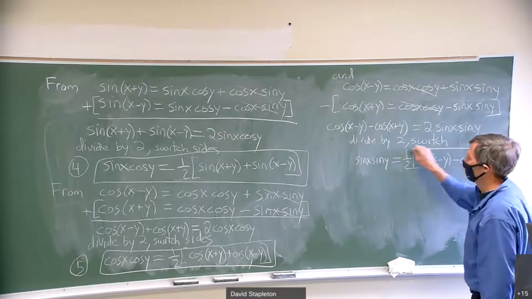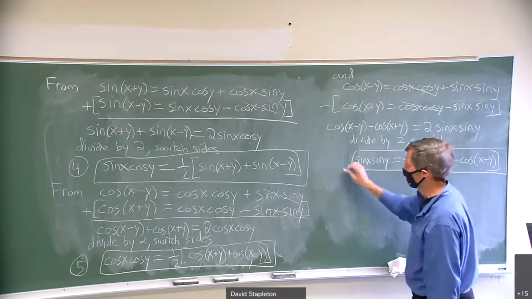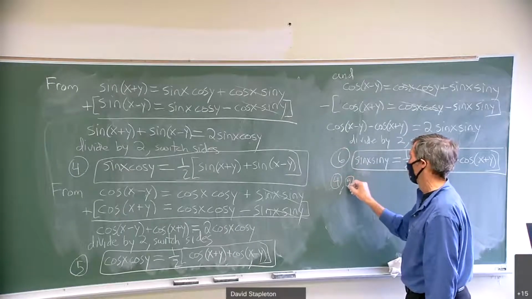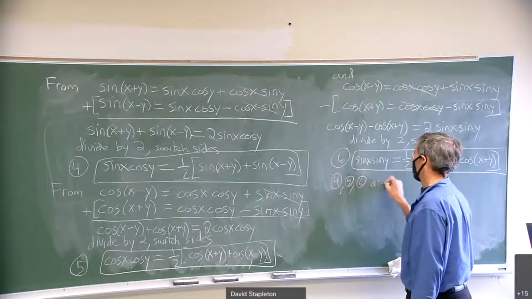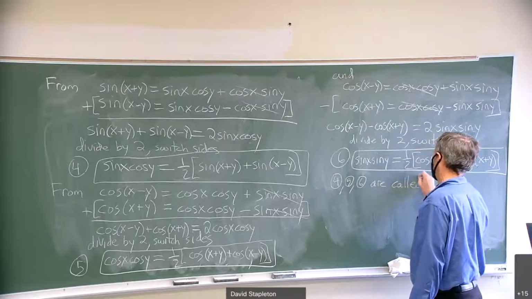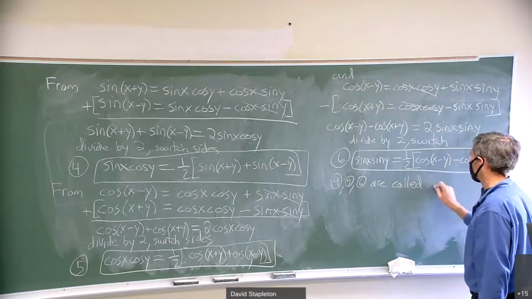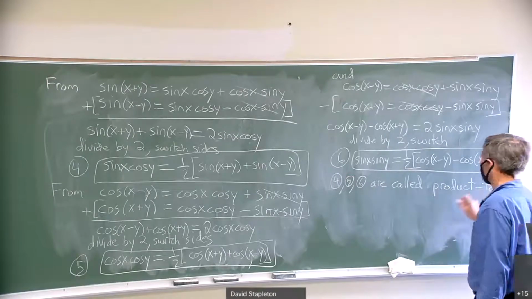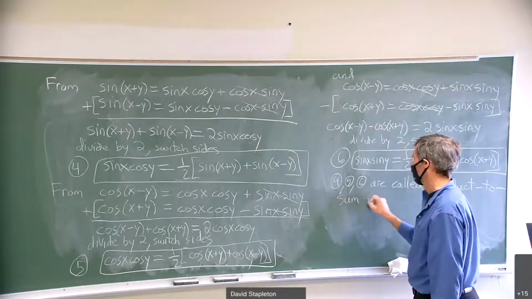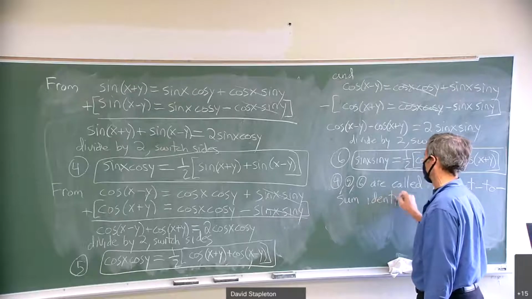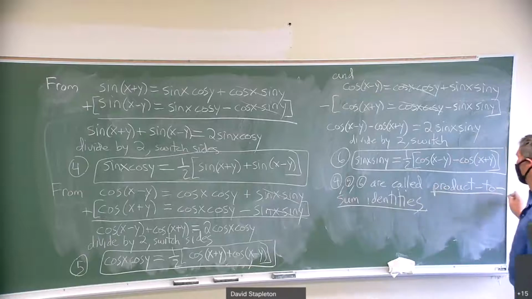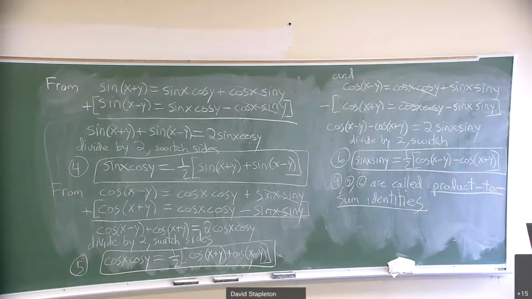There's the last half angle product to sum identity I'm interested in. 4, 5, and 6 are called aptly product to sum identities. They work for all angles x and y since everything's defined for all x and y.